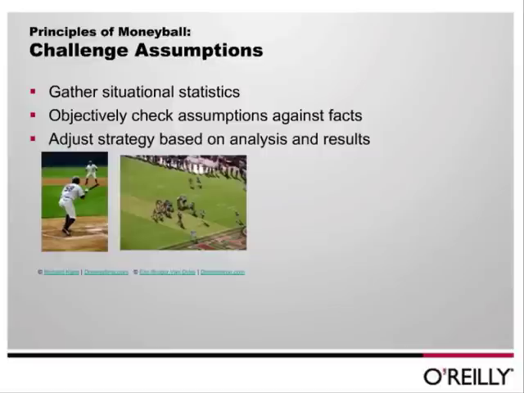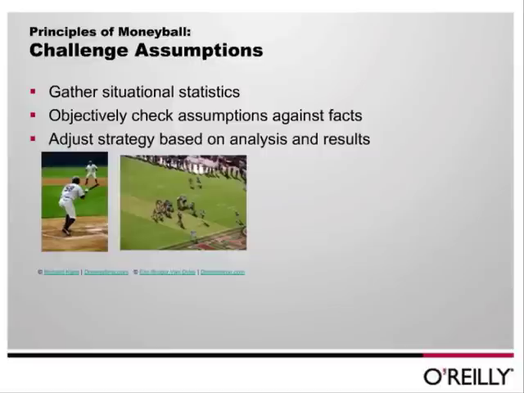So, for example, in baseball, looking at things that happen in different innings, in different parts of the game, early in the game, late in the game, things that happen when there are runners on different parts of the field, or in football, looking at plays that happen in different parts of the field at different times in the game, at different downs. You use this data then, again, to check your assumptions and analyze them against the facts discovered, and then adjust your strategy based on the analysis.